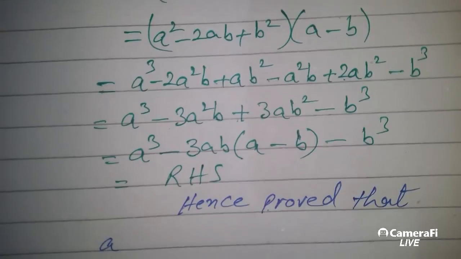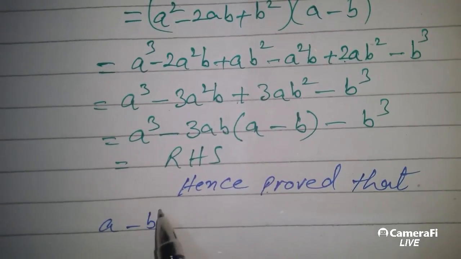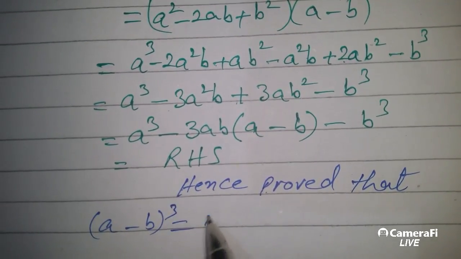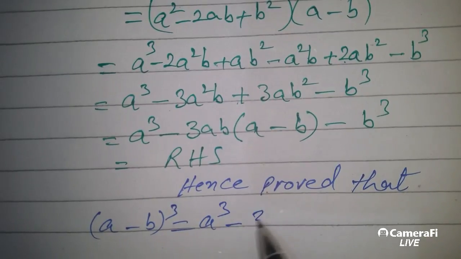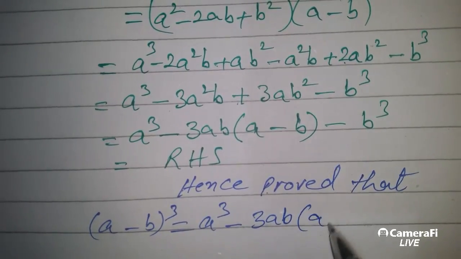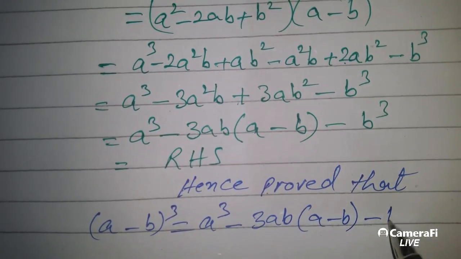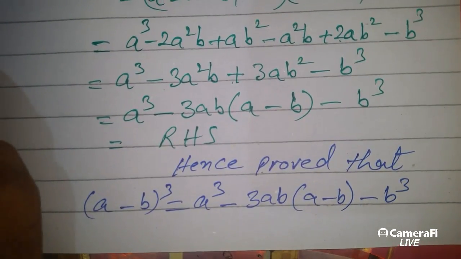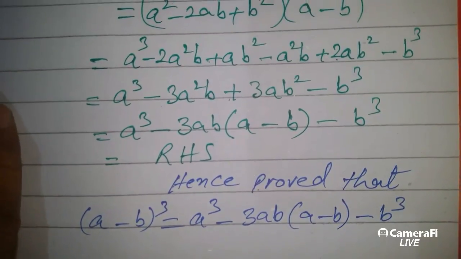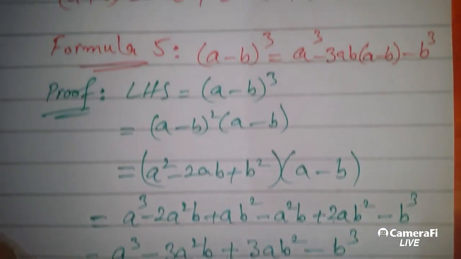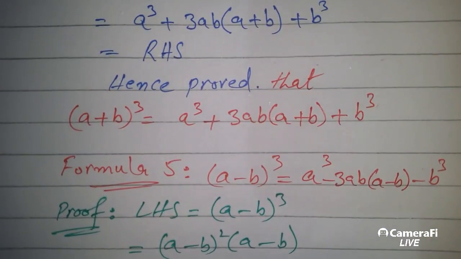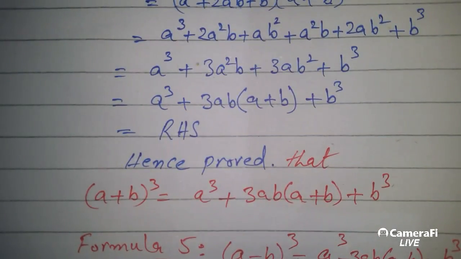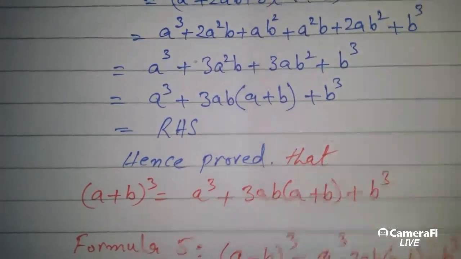That (a minus b) whole cube equals a cube minus b cube minus 3ab into (a minus b), and this is formula number 5, and two more formulas before we can move forward.